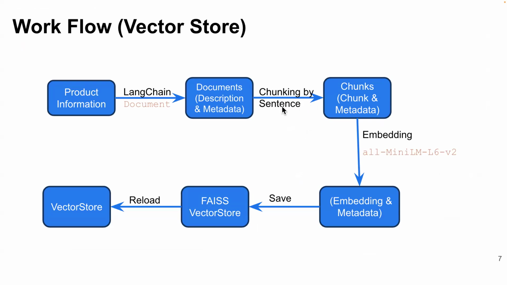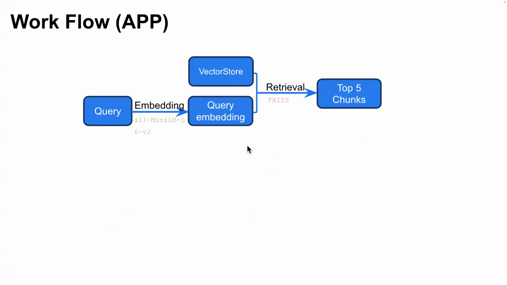So we go through the chunking process, but we didn't actually chunk anything. Then we put the chunks into this embedding model. This is the flow to build the vector store. We save it to a local FAISS vector store, and then reload it when we need to use it. From there we start to build our app.